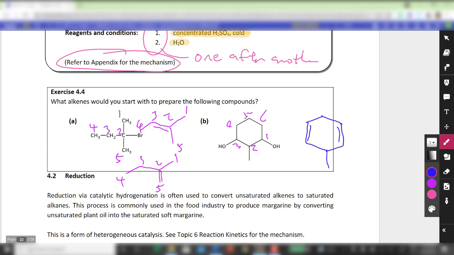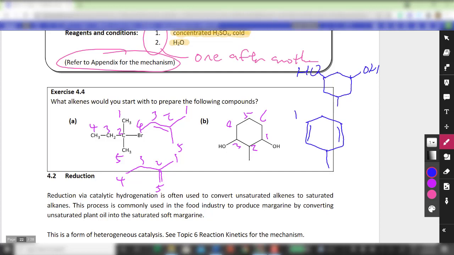Of course, take note that there are competing products. If I subject this compound to steam, potentially I can get other products as well, because the OH can also go onto the other two carbons. That is possible, or I can have a mixture.